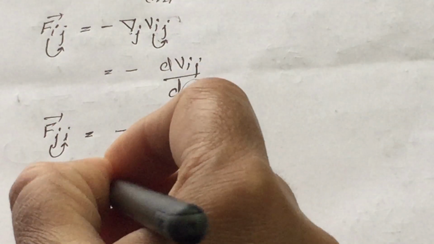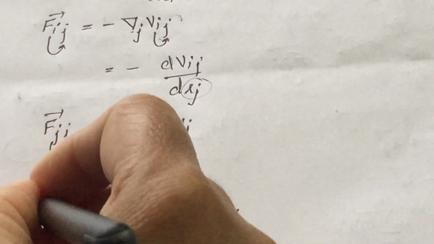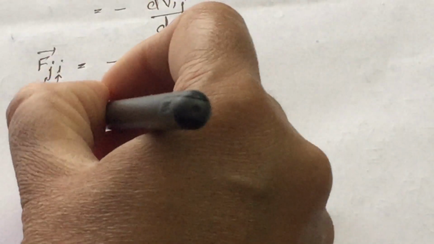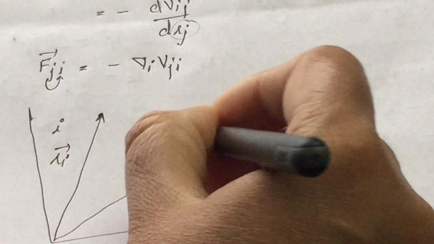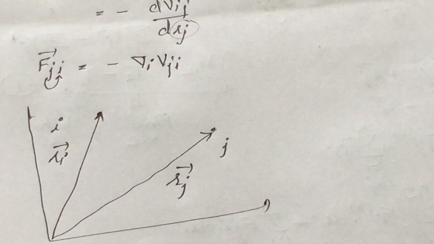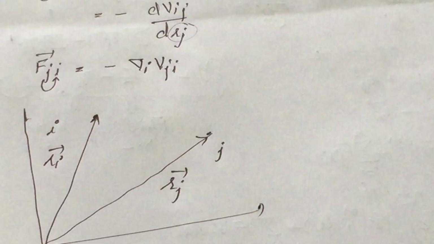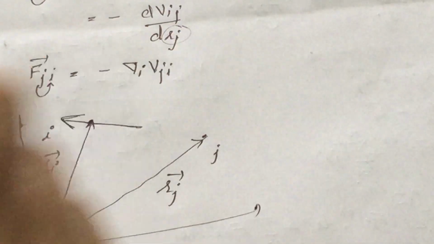Again, just consider, you have the ith particle, you have the jth particle, and this is your position vector for the ith particle, that is Ri. This is the position vector for the jth particle, Rj, and the ith particle is applying force on the jth particle. It means the ith particle will move the jth particle in this direction.